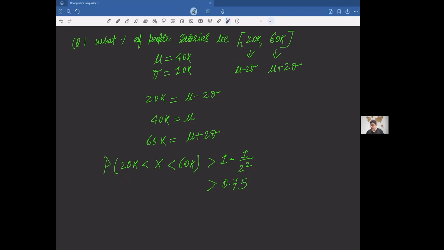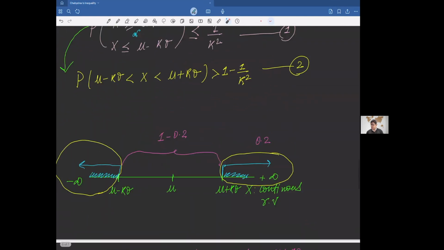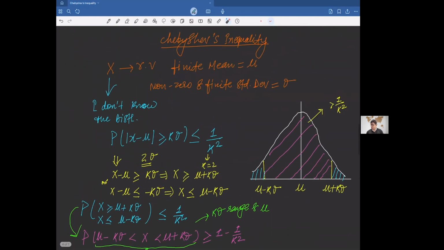So I'm talking about at least. That means it could be more. If salaries were Gaussian distributed, it would have been 95% of salaries lying between minus 2 standard deviations and plus 2 standard deviations. This is why we are not saying X percent of salaries lie in this interval.